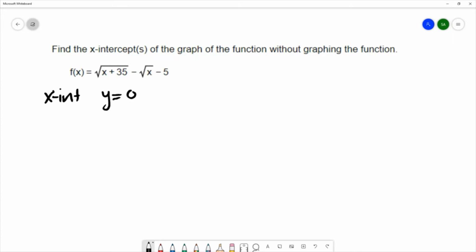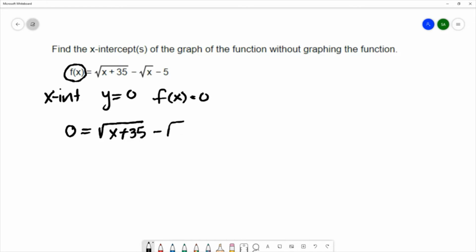And in this function, f of x is representing y, so we're going to let f of x equal 0. So when I substitute a 0 in for f of x, I get 0 equals square root of x plus 35 minus square root of x minus 5.